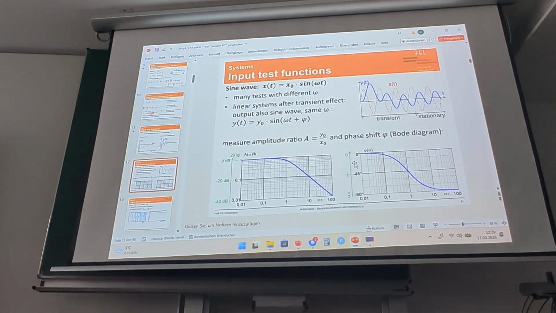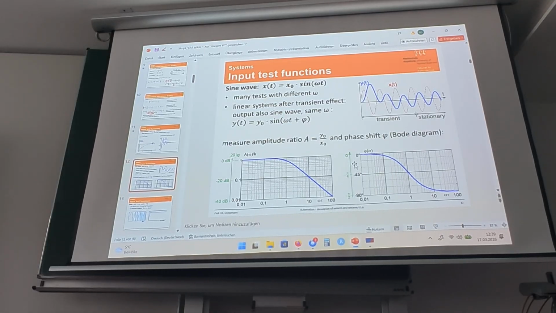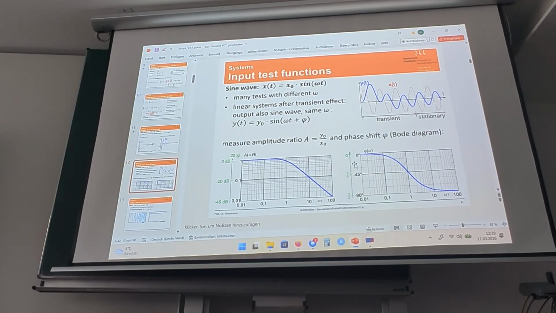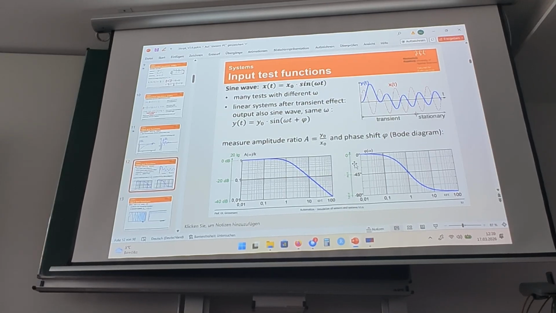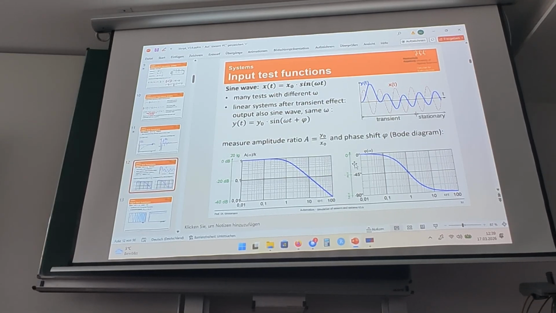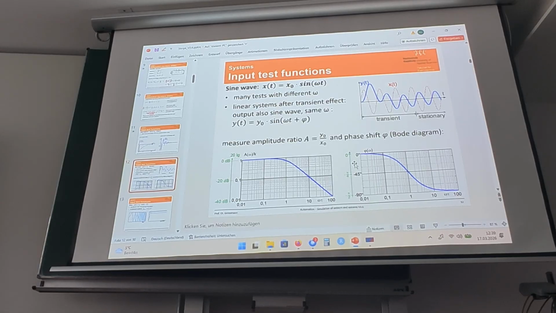And it will have exactly the same frequency, always. But what is different for the output is the amplitude, that might be smaller or larger, and there could be a time shift between the two oscillations. For example, here it's nearly an inversion already, nearly. But it could be any time shift.